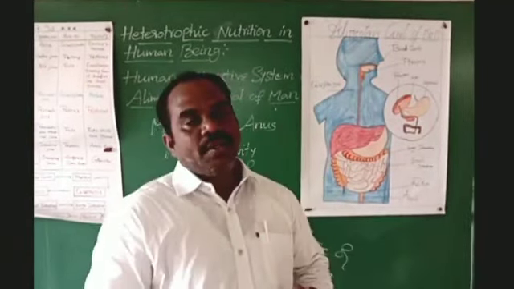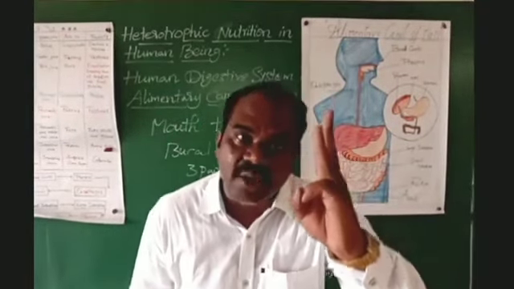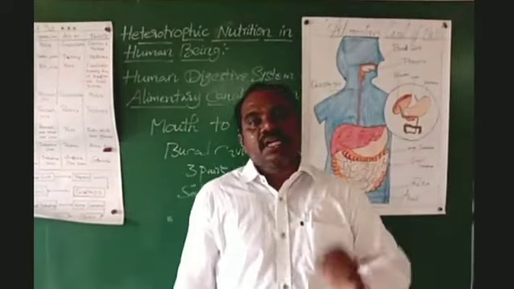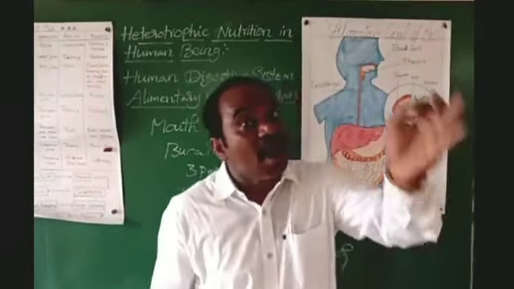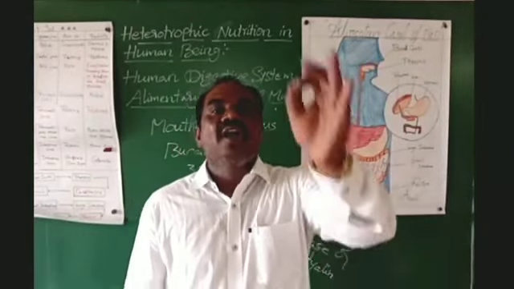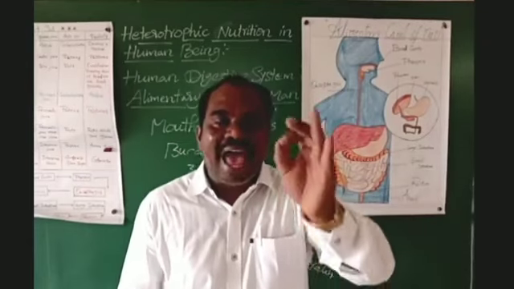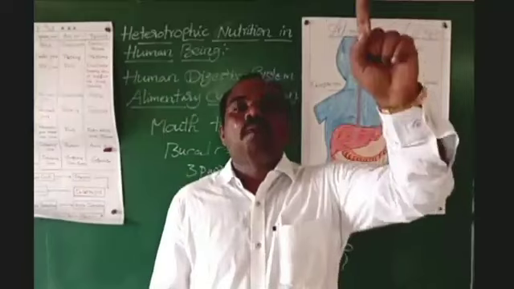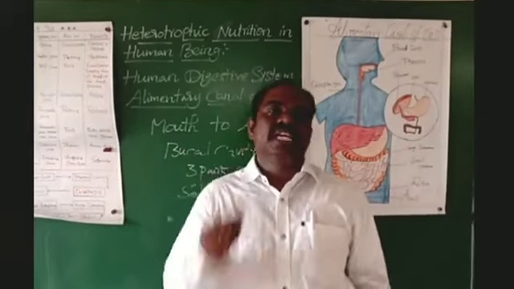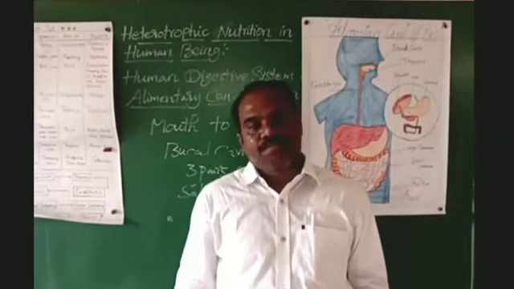Do you understand? In our mouth cavity, three pairs of salivary glands are present. Salivary glands secrete saliva. Saliva contains amylase or ptyalin, which helps convert carbohydrates into maltose sugar in our mouth cavity or buccal cavity.